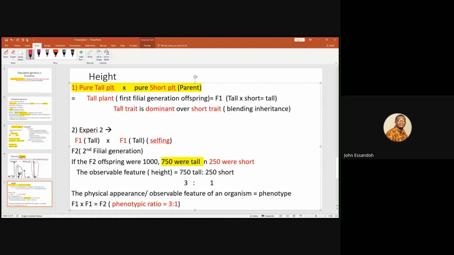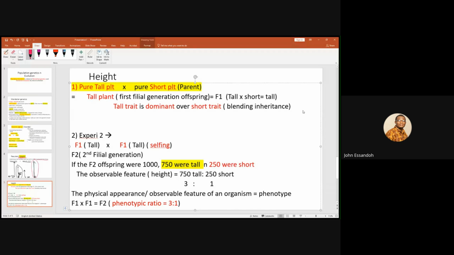Tall is dominant over short. So what does it mean? It means that if tall is dominant, then short is recessive.